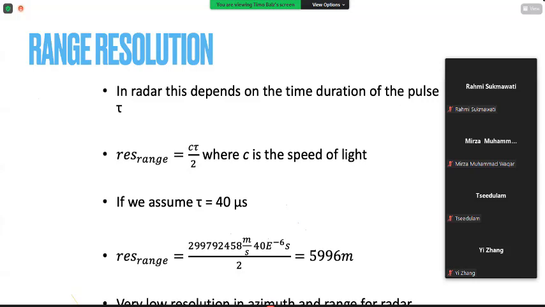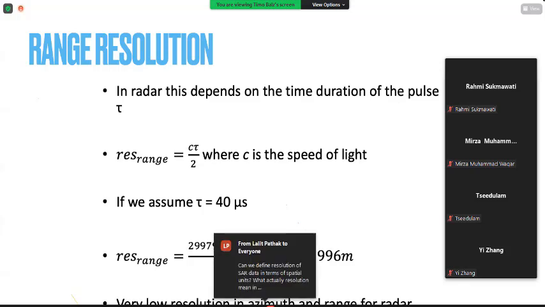We often have this divided by 2 because the signal travels there and back. So if we assume a pulse duration of 40 milliseconds, which is a realistic number, then we get a range resolution of about 6 kilometers. Again, these are both very low resolutions.